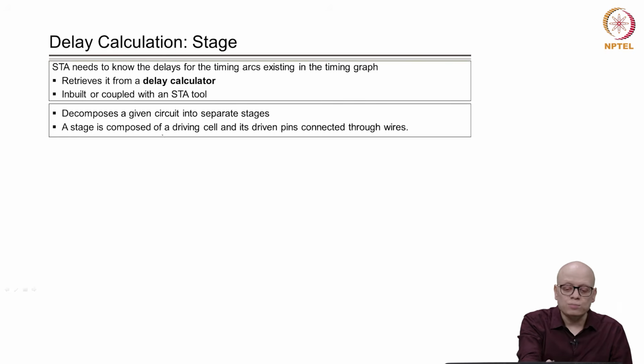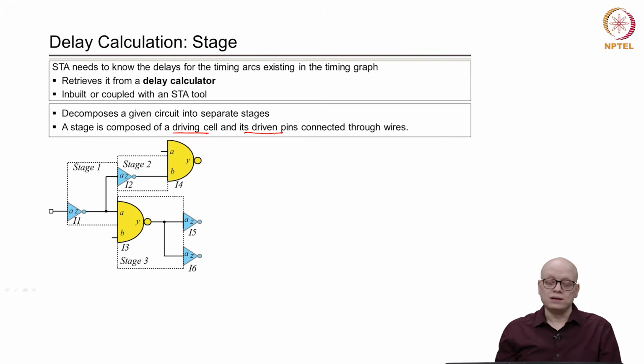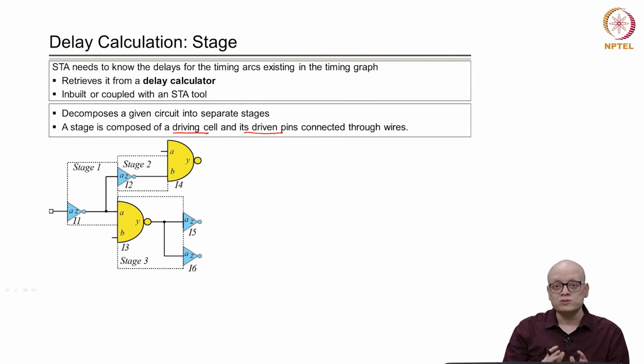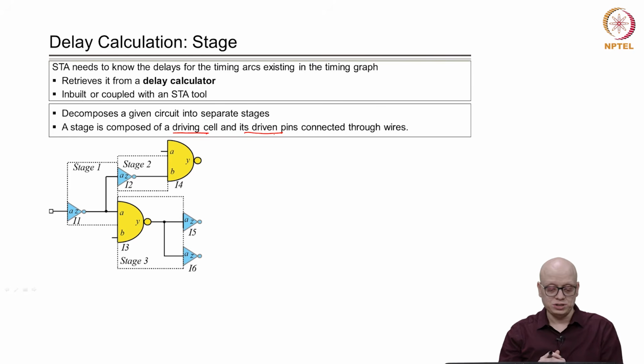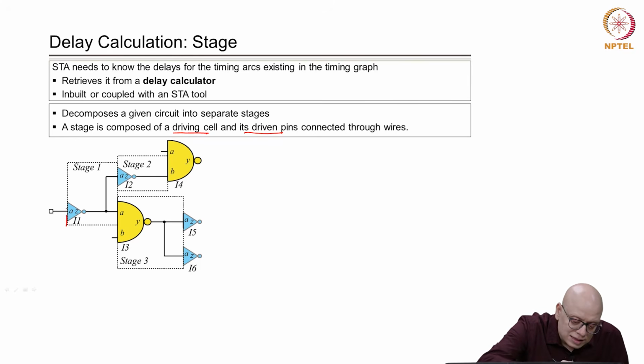A stage is composed of a driving cell and its driven pins connected through wires. Let us understand this with an example. Suppose this is a portion of circuit for which we need to do delay calculation. Then it will decompose it into various stages. So, for example, the tool can consider this as a stage.